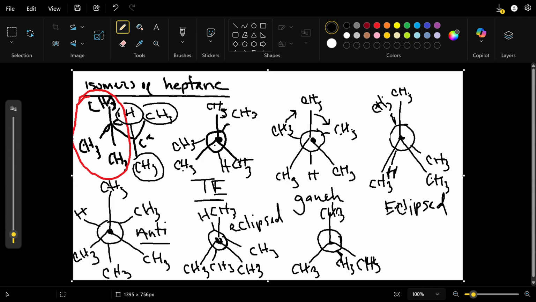And so the eclipse is just again behind the, oh wait, not eclipse. I'm sorry. Sometimes I look back at the last one I drew, and then I get a little thrown off. Forgive me. Should be gouche.